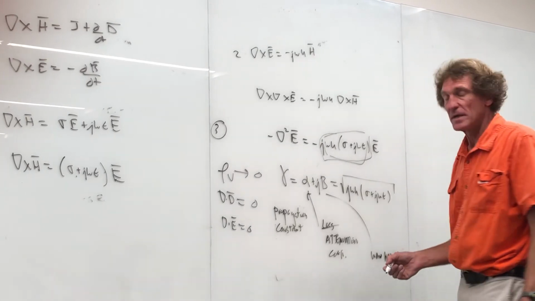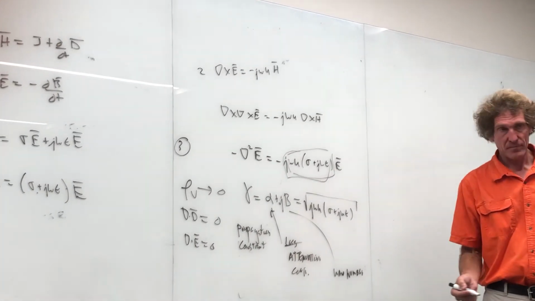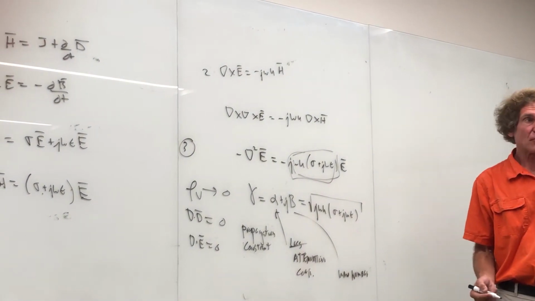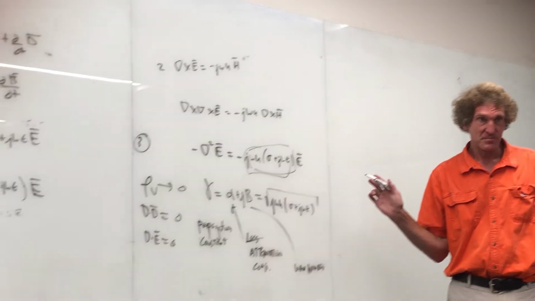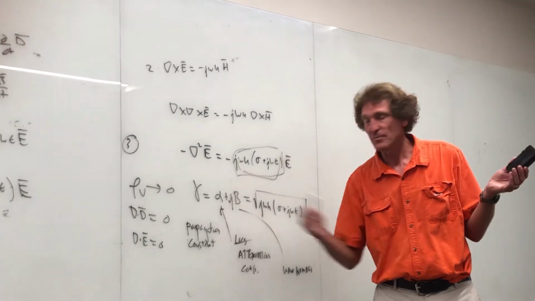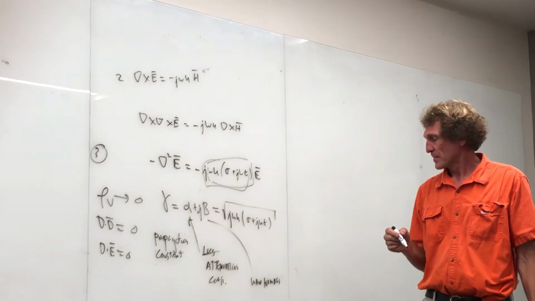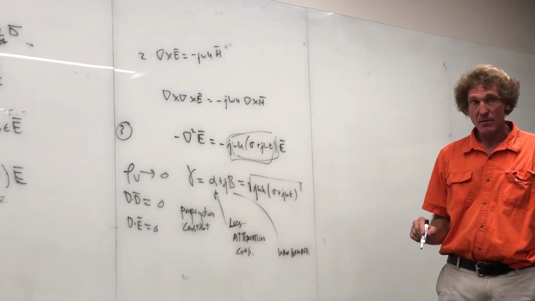Wave number is in radians per meter. Alpha is in Nepers per meter. A Neper and a radian have the same units. You're gonna have to just accept that. If they didn't, you couldn't add these two up and get that. That's an R.